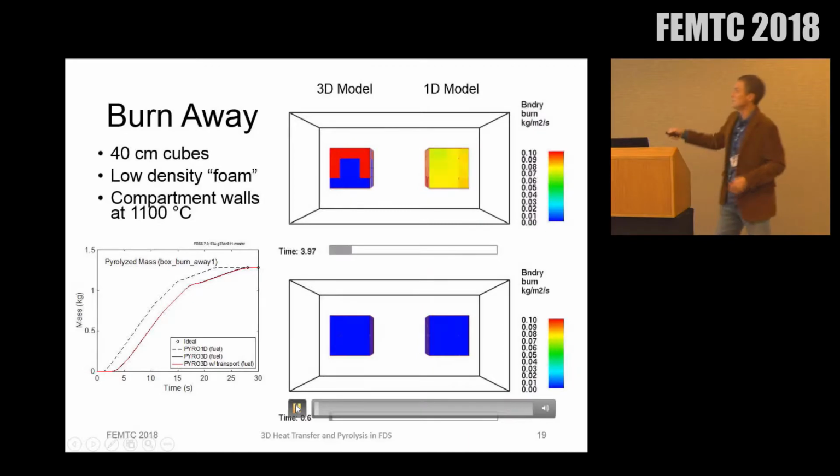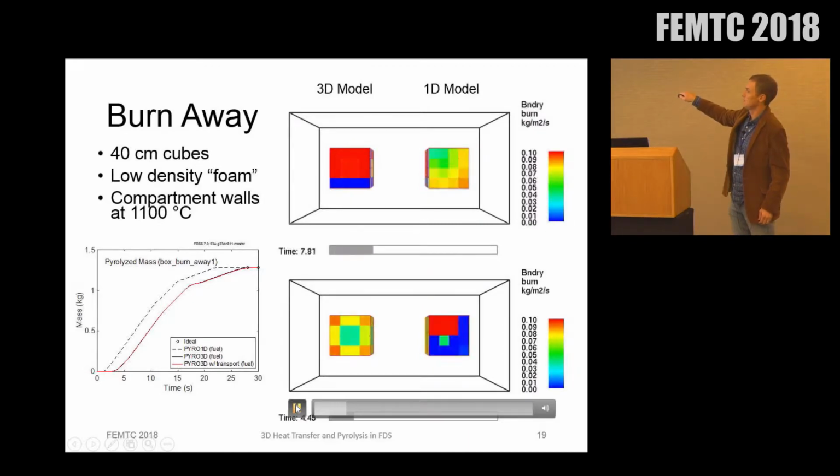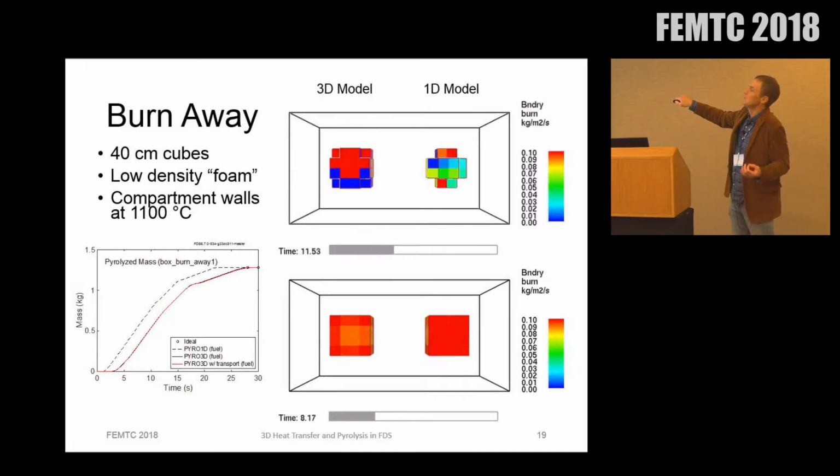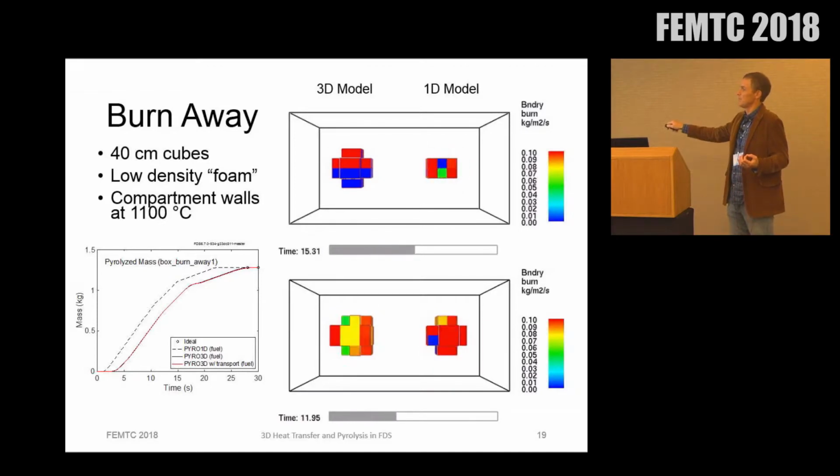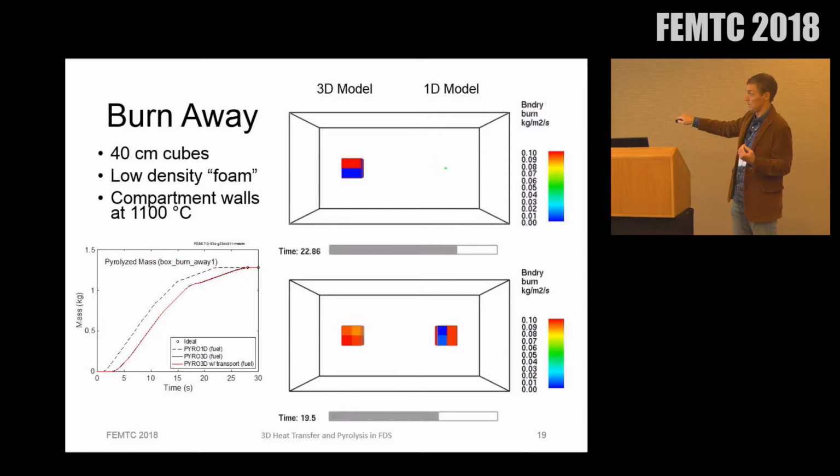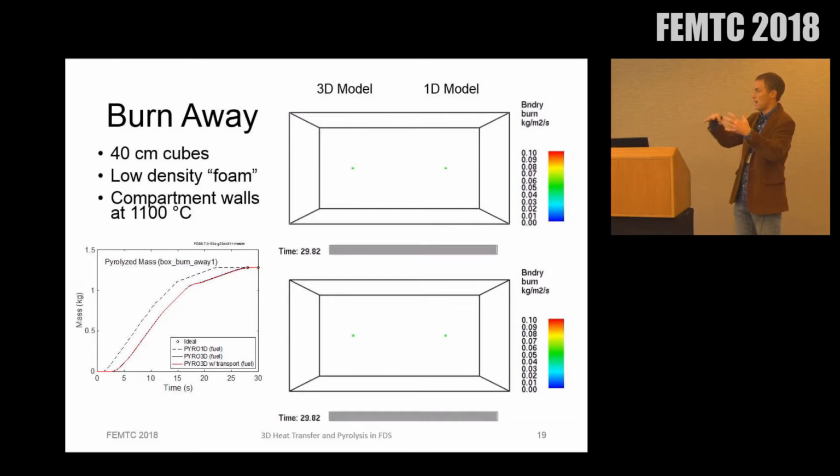What you'll see here is burn rate. You don't see any burn rate on these cells because it's happening on cells that aren't facing you. Whereas in the mass transport version, just like in 1D, you actually get mass going out isotropically based on the diffusion equation.